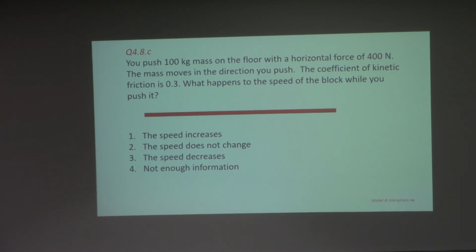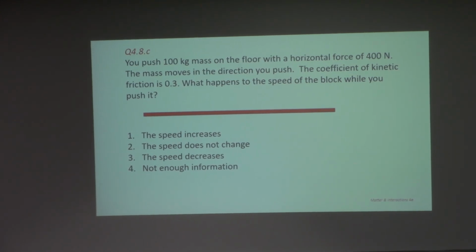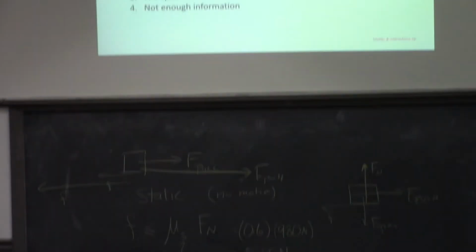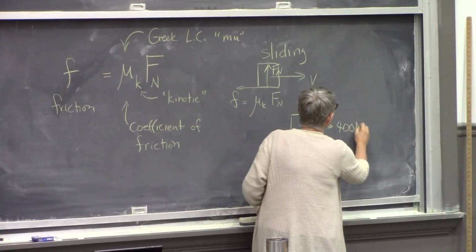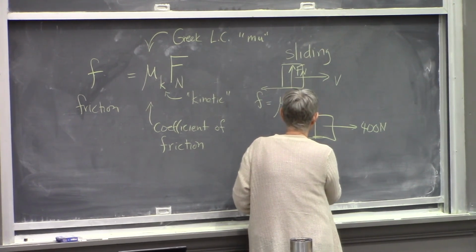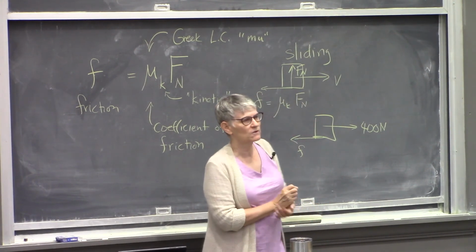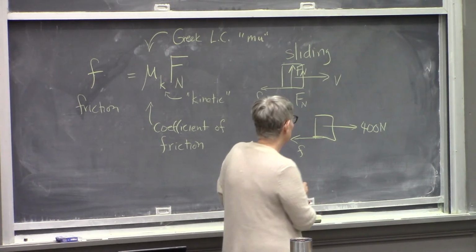So how do we decide if it's speeding up, slowing down, or moving at constant speed? We have to find the net force acting on the block, don't we? So how do we find the net force acting on the block? So here's our block. We're exerting a force of 400 newtons. How big is the friction force? 294. It's 294.